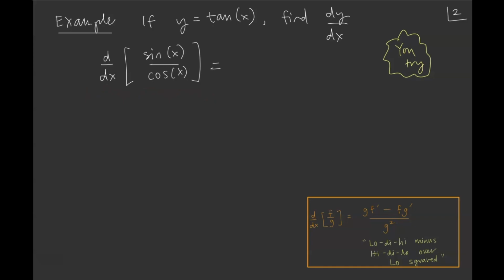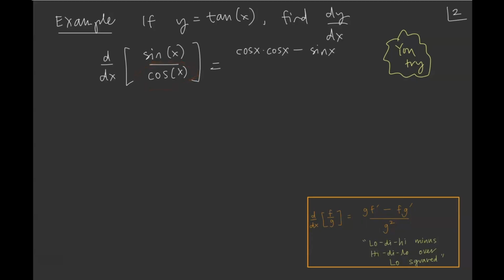Okay, so we're going to take a stab at finding the derivative of tangent of x, which we all know is just sine of x over cosine of x. And you've taken a stab at it. So let's just get started by using the quotient rule. The quotient rule says take the low, cosine x, d high. So the derivative of sine x is cosine x, so that's times cosine x, minus high, sine of x, and now d low.